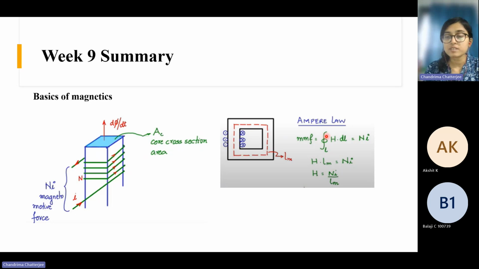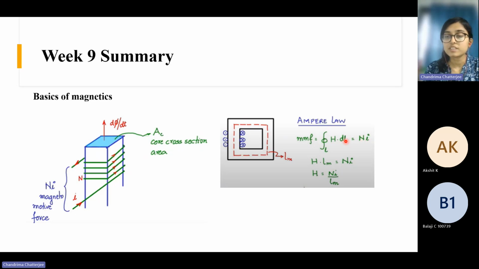Ampere's law states that the closed-path integral of H dl equals MMF, and MMF is N times I. So N is the number of turns, I is the current flowing through the winding.